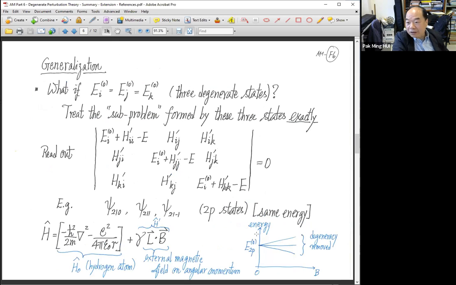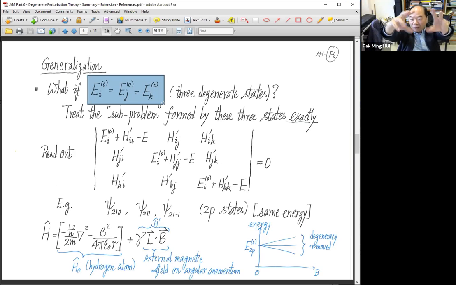We can generalize it to more troublesome cases. How about if in the H0 problem, you have 3 degenerate states? Don't worry, go to the big problem, read out that 3 by 3 and do this part exactly. You will get 3 eigenvalues, and as a function of the strength of the perturbation term H prime elements, these 3 states will split.